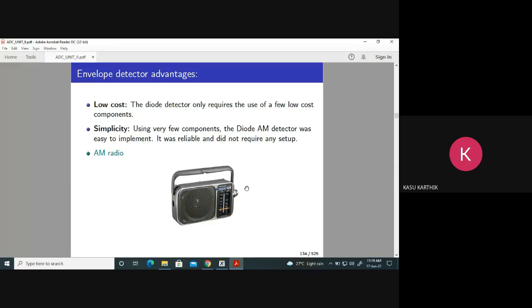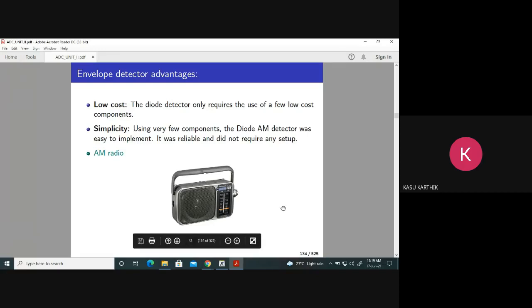So here is the trade-off. Since the receivers outnumber the transmitters, our receivers should be simple. Whenever your demodulation is simple, your receivers will be simple. That's why AM is widely used in broadcasting.